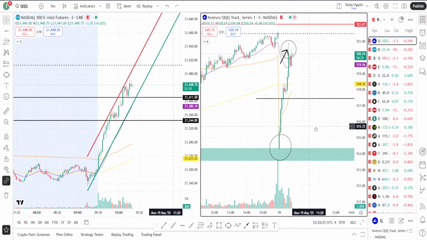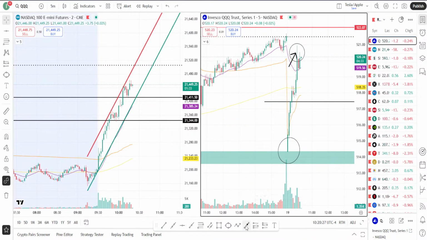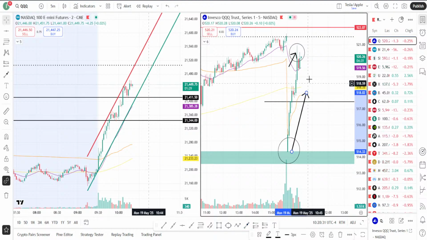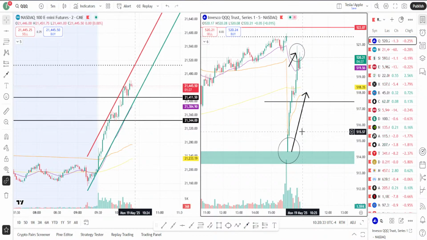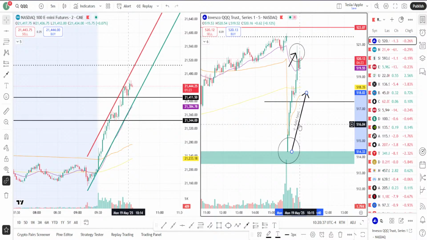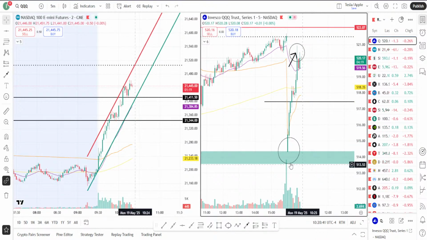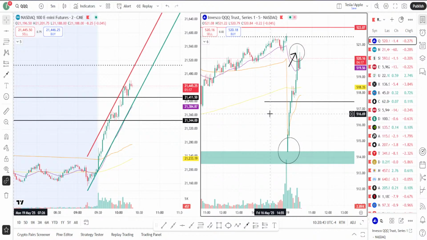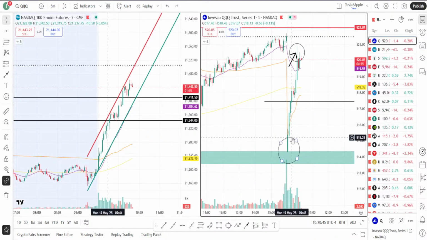Most times when we open in a demand zone, I've known the market like 90% of the time rips. So it's a probability thing. If it's likely to rip based on the scenario at hand, then I'm gonna go with what has the highest chance of happening.